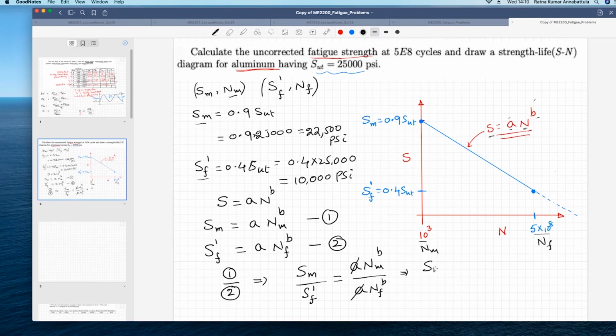That implies SM by SF dash is equal to NM by NF, whole power B. Or in other words, if you take logarithm on both sides, log of SM by SF dash is equal to B log of NM by NF.